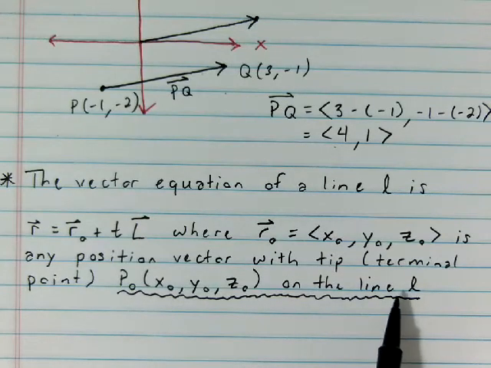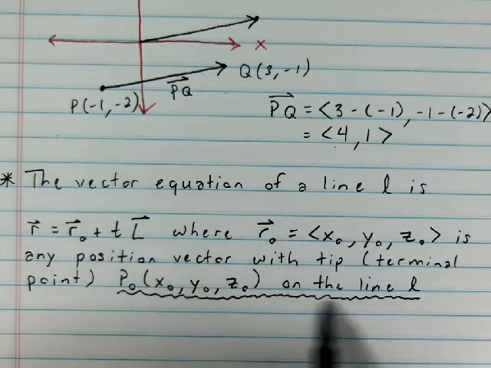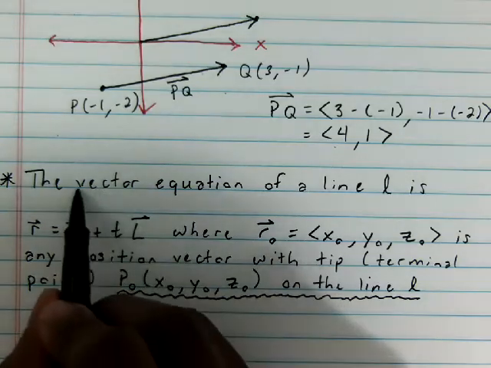So I'll repeat it over and over again. What do we need to find the vector equation of a line? One, we need a point on the line, which we call P naught.